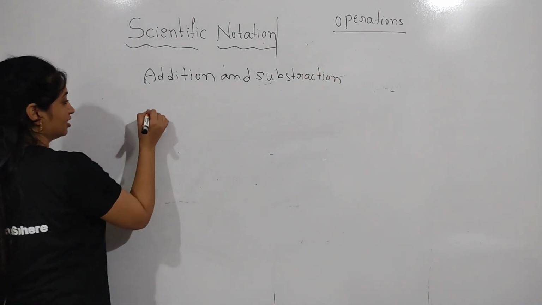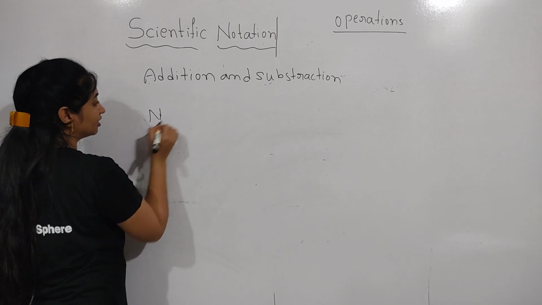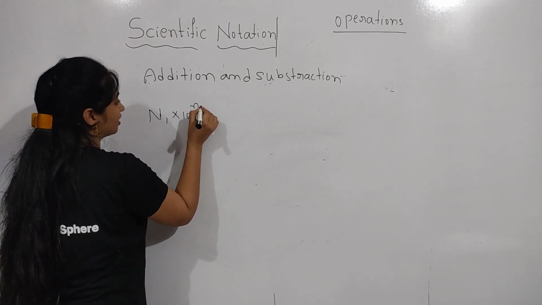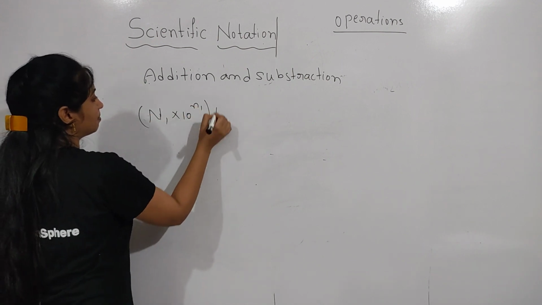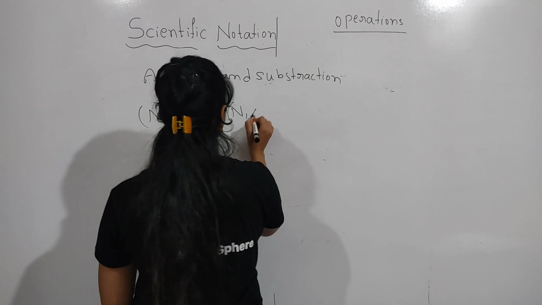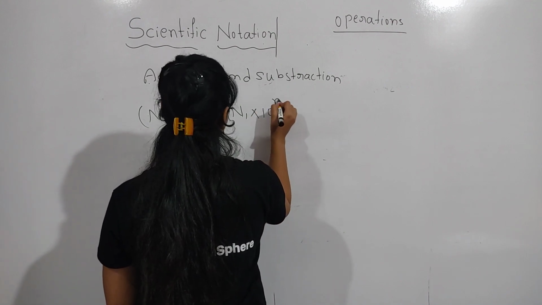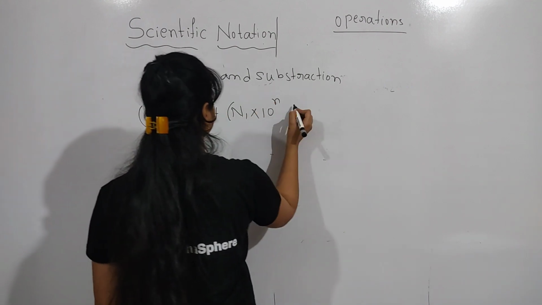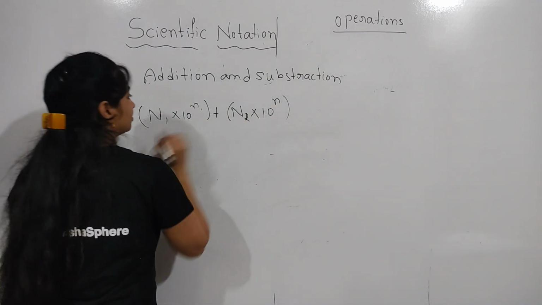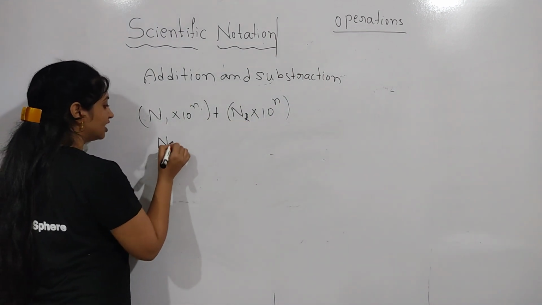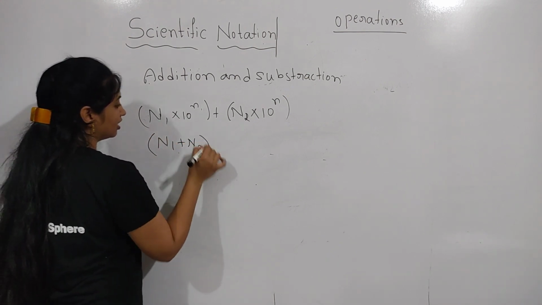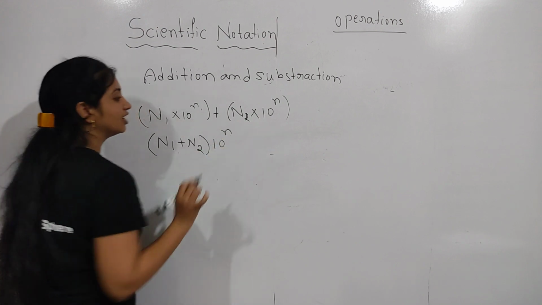In addition, n1 into 10 raised to n plus n2 into 10 raised to n. Then what is the answer? n1 plus n2 into 10 raised to n.